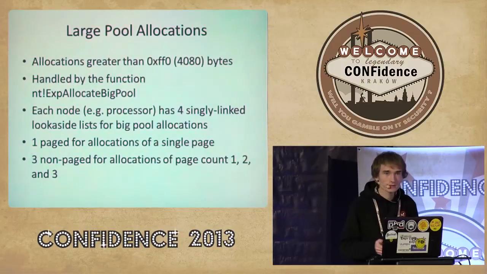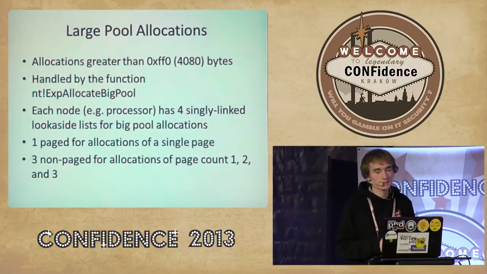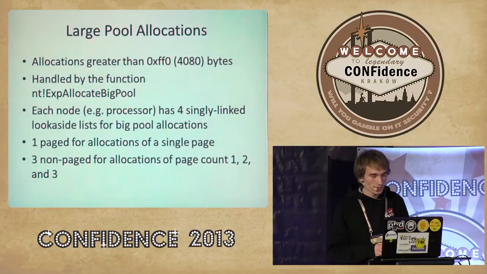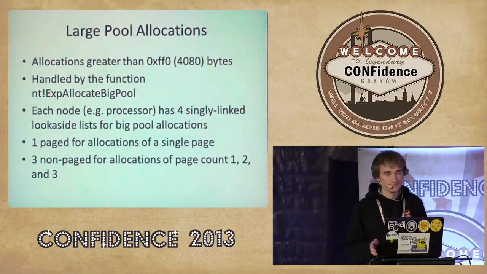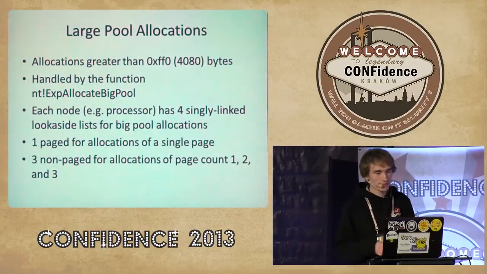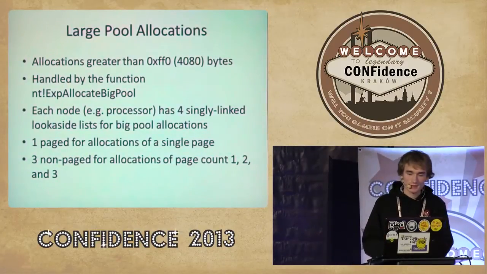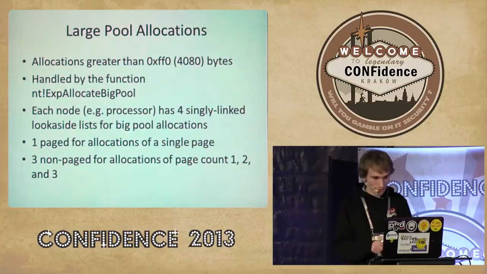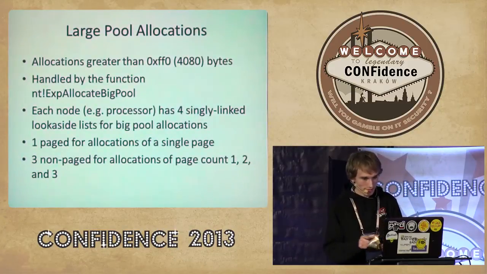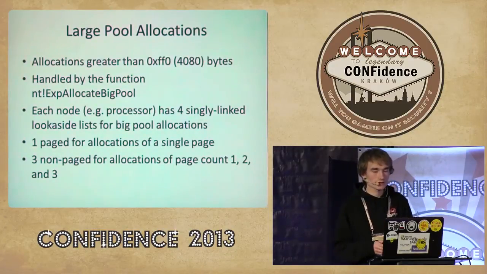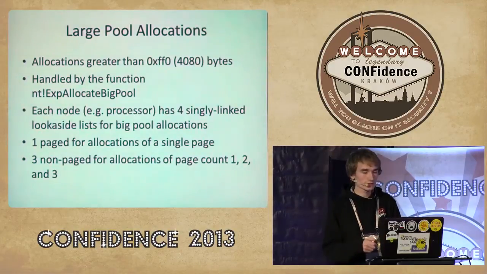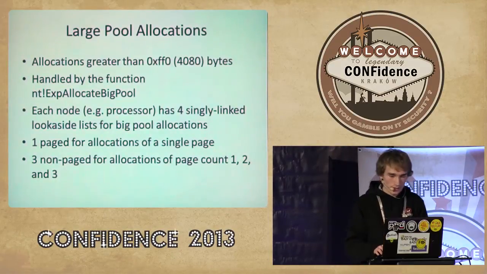If we talk about large allocations that exceed page boundaries, there is a special function, ExpAllocateBigPool, and there are special lists for allocations of page count 1, 2, and 3.